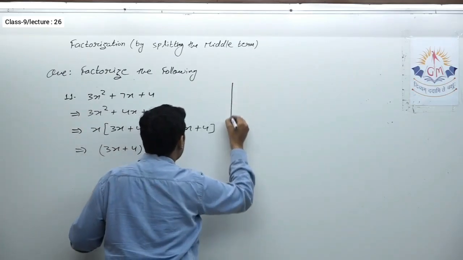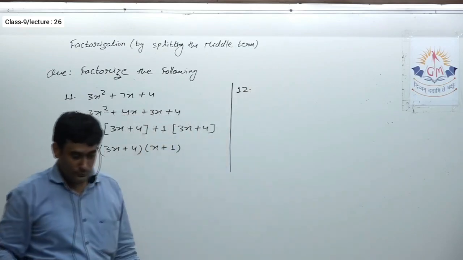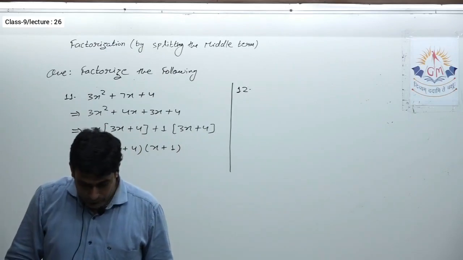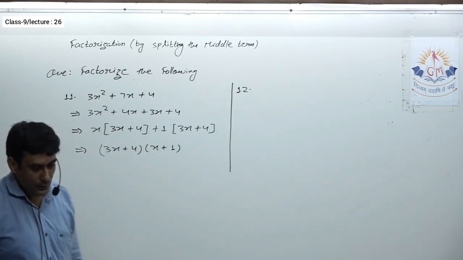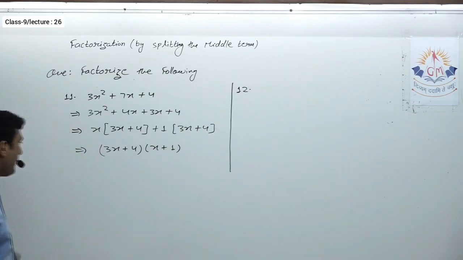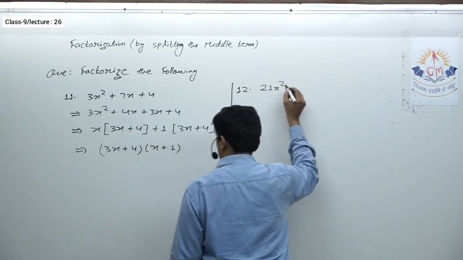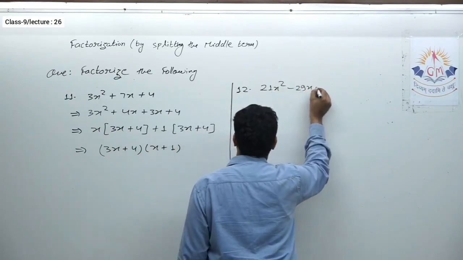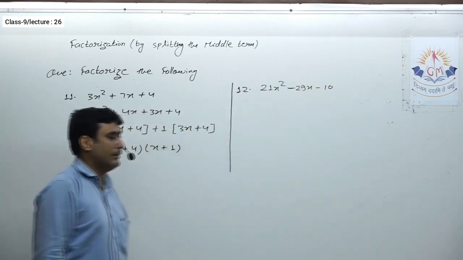Now let us see one more sum, 12th. Okay, next question is 21x square minus 29x minus 10. 21x square minus 29x minus 10.